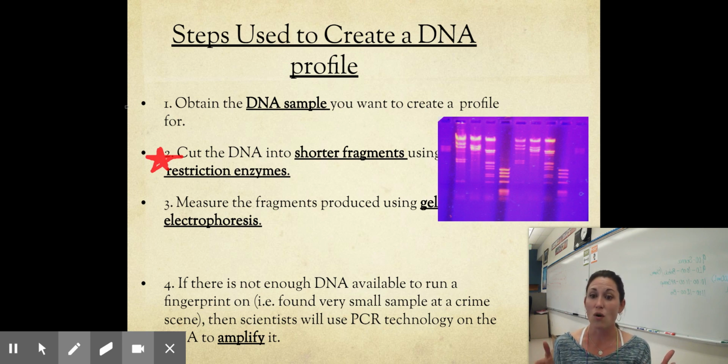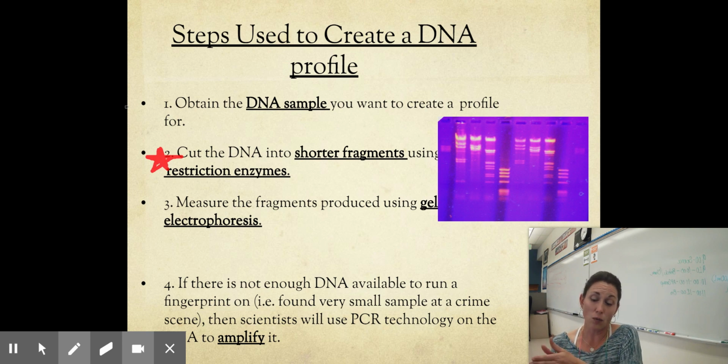Any place in our DNA where that particular sequence, GAAT, shows up, the restriction enzyme comes in and cuts that spot. And what that does to our DNA is it cuts it up into smaller pieces. But everybody's pieces of DNA are going to be a little bit different because everybody's sequence of GAAT is going to happen at different places in our genome or in our DNA strands.